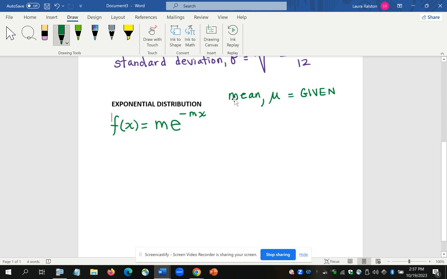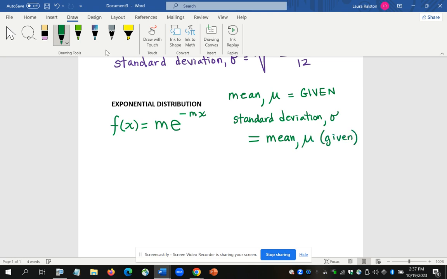If you know the mean, then you will also know the standard deviation, because the standard deviation of an exponential is equal to the mean. Again, the mean is given to you, so you automatically know the standard deviation, because for an exponential, they are the same.